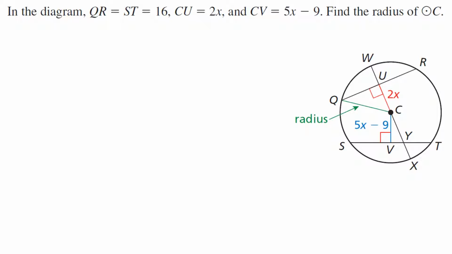Notice the segment that goes from C to U has a length of 2x. And then it looks like the length of the segment from C to V is 5x minus 9. So what on earth are we going to do here? We're trying to figure out the radius of circle C.